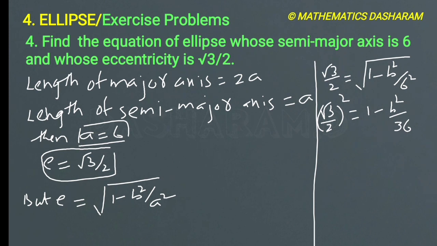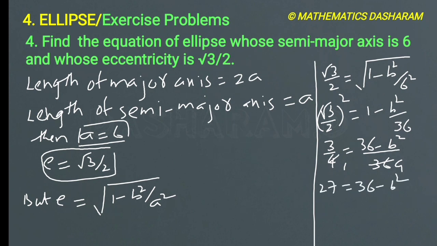So root 3 whole square is 3 by 4 equals 36 minus b square divided by 36. Here 4 ones are 4, 4 nines are 36. Next 9 transpose to left side. 9 threes are 27 equals 36 minus b square. Then b square equals 36 minus 27. Then b square equals 9. So keep as it is, b square equals 9.